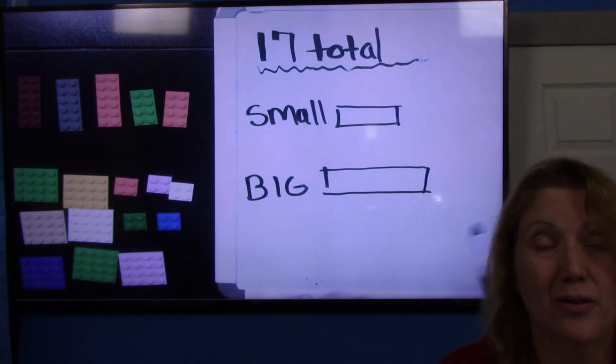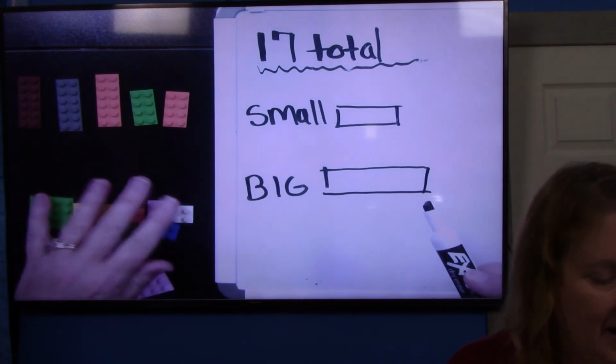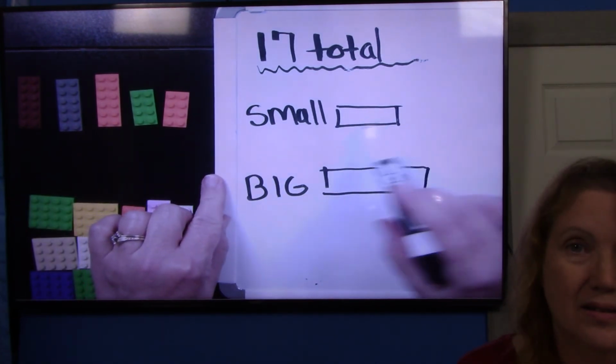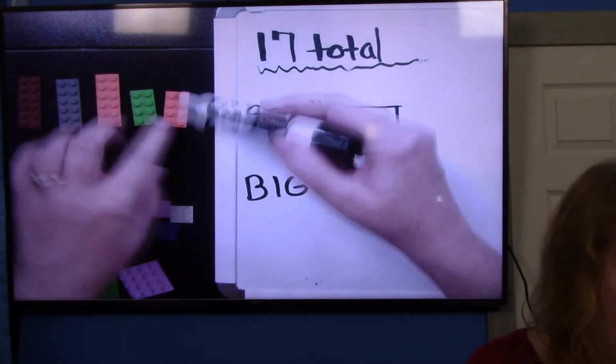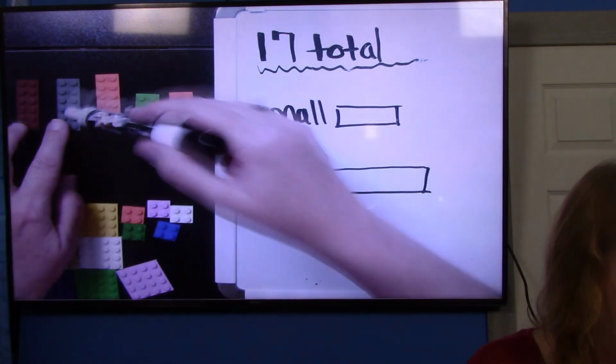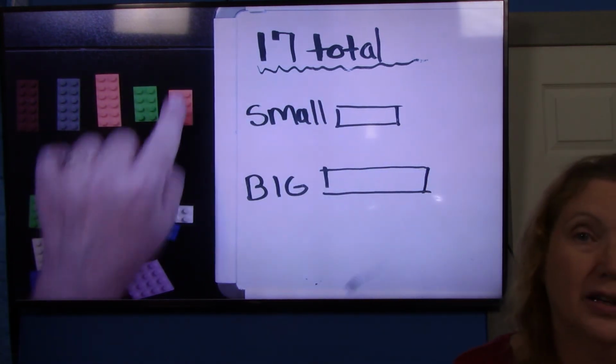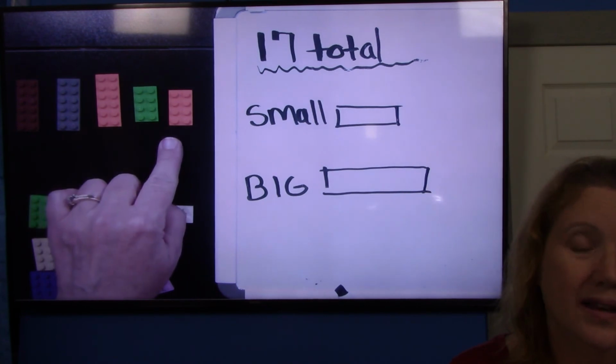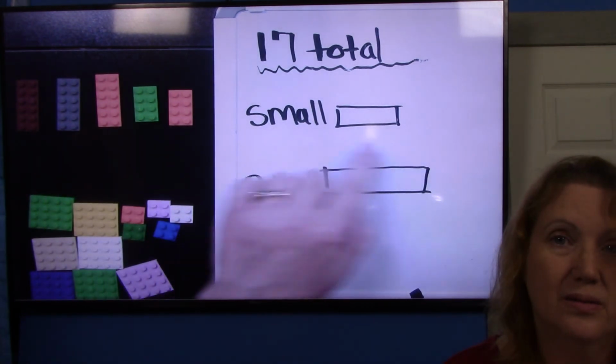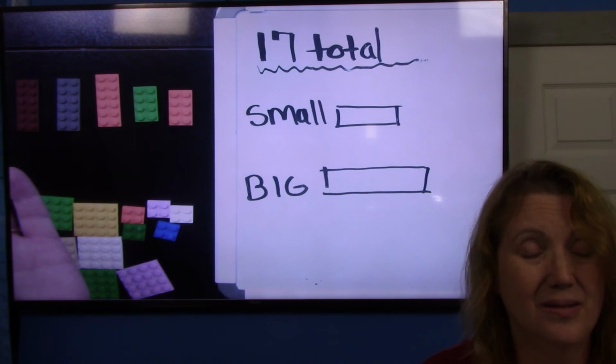Now, it doesn't matter whether or not I have my rectangles like this or whether I have them like this. This is called vertical and this is called horizontal, but it's still a rectangle.